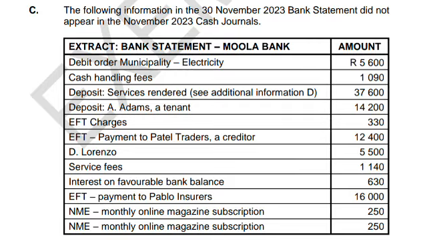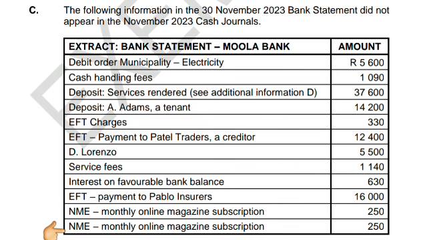Then we can move on to the MNE monthly online magazine subscription for 250. You are seeing that they have recorded it twice, so this tells me that there is an error, but we need to go to our information D to figure out who made the error. If it is our error, then we are going to fix it in the cash journals in our books. But if it is the bank's error, then it is going to be fixed where?